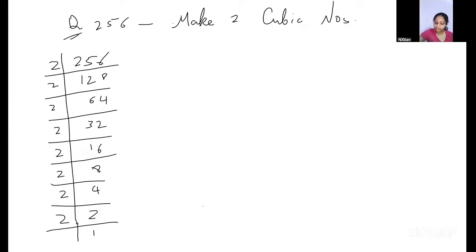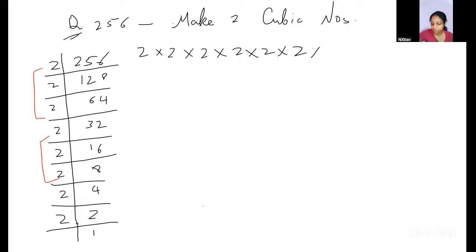Now I can make pairs. 3 pairs, 2 are left. Okay, so in the multiplication, if I list out the factors, 2 into 2 into 2 into 2 into 2 into 2 into 2 into 2.